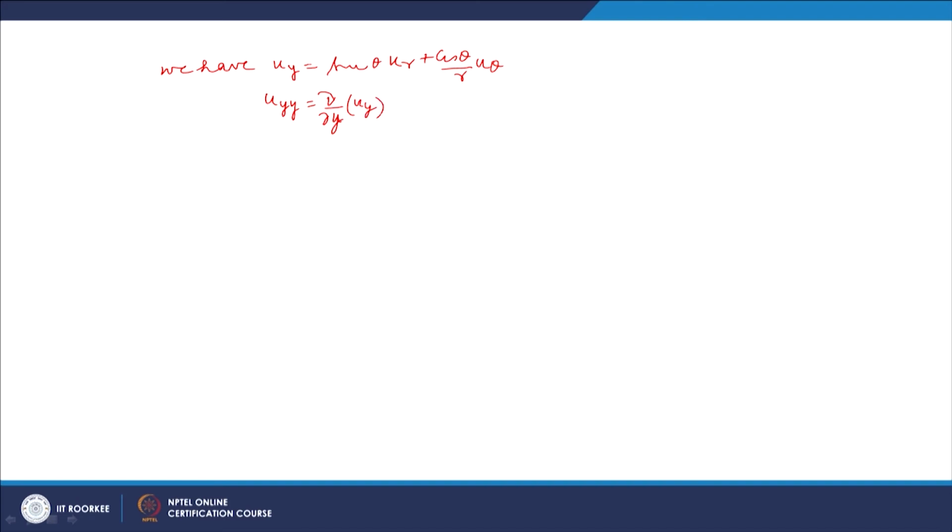This gives you the differential operator del over del y as sin theta del over del r plus cos theta over r del over del theta. This is del over del y. Okay.